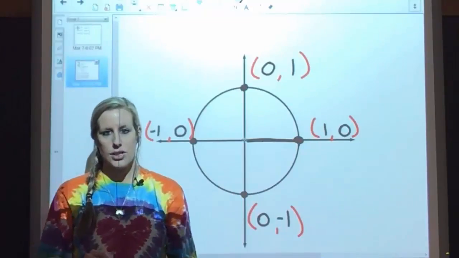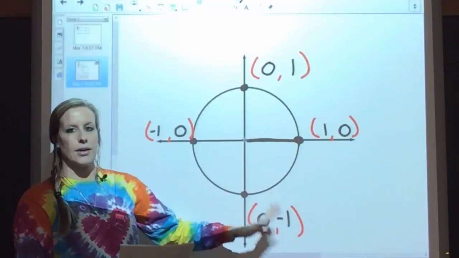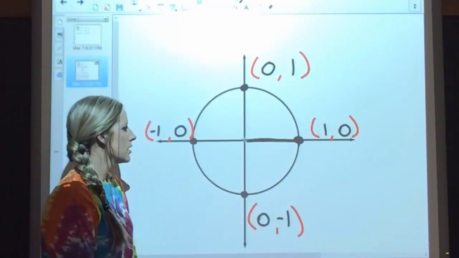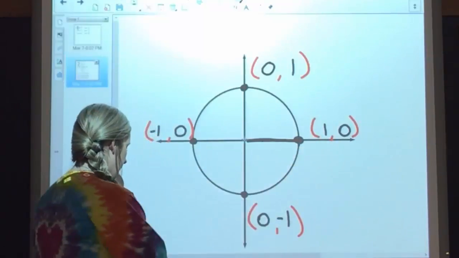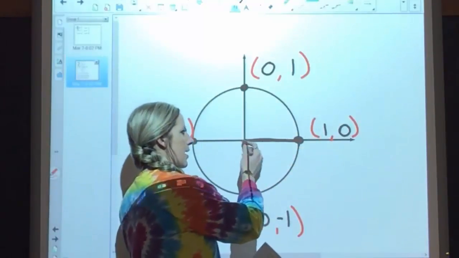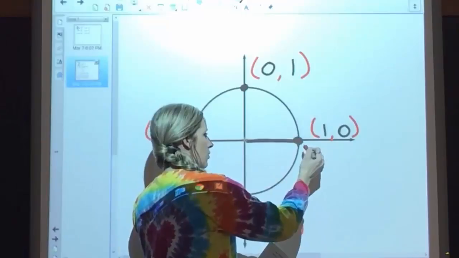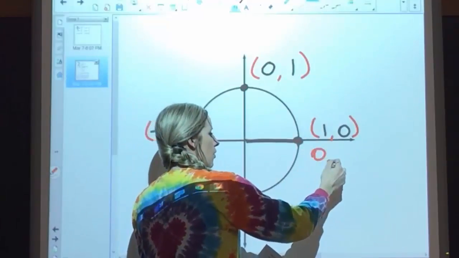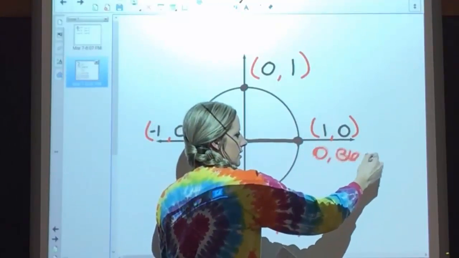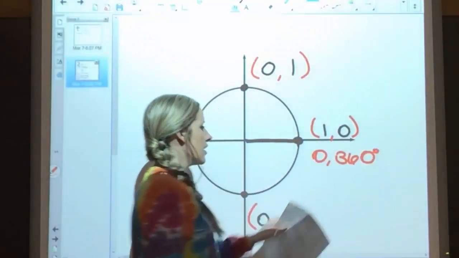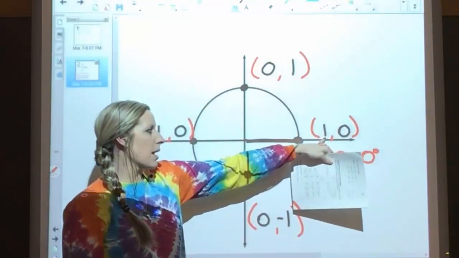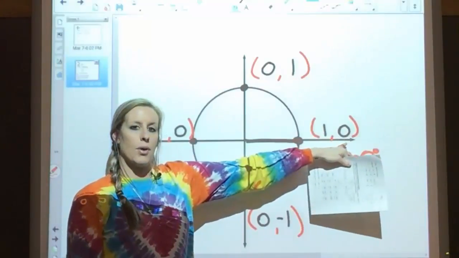But this is where we're headed. So this is saying when my angle is 0 or 360 degrees, my x is 1 and my y is 0.